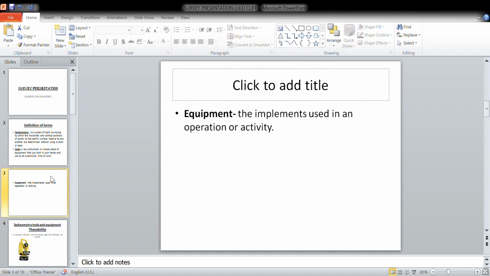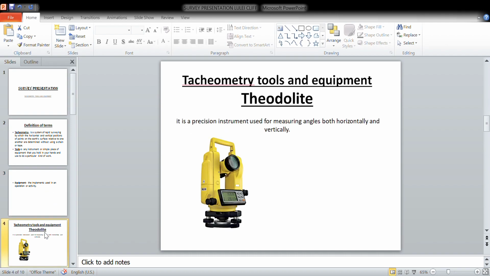We have masonry equipment. Also, after the definition of terms, we shall proceed to tachymetry tools and equipment. Tachymetry has its tools and equipment that can be used in any practice.